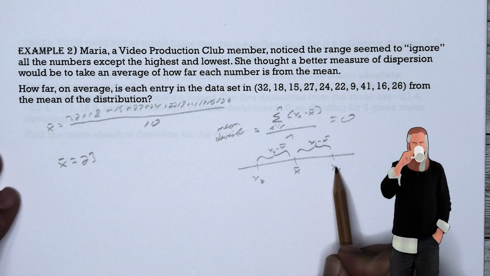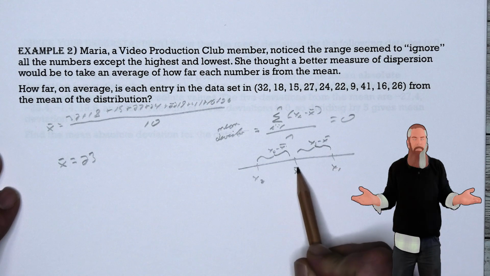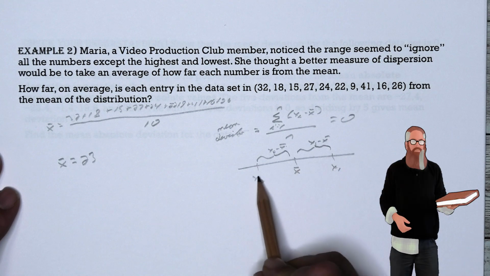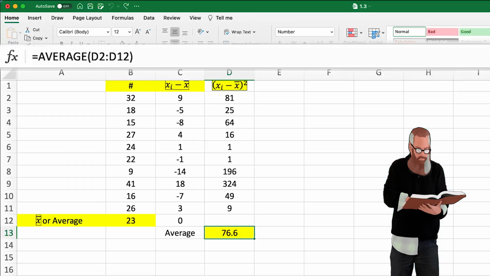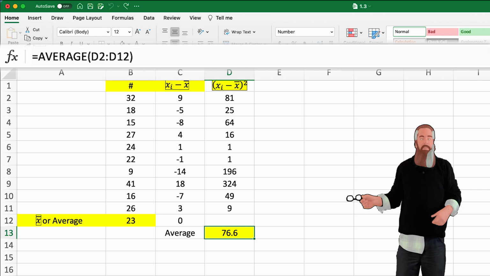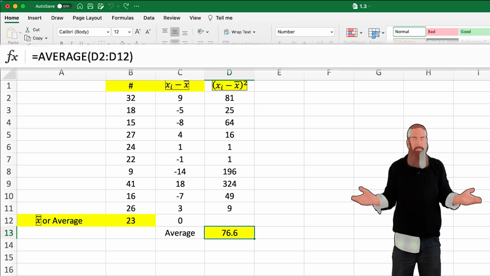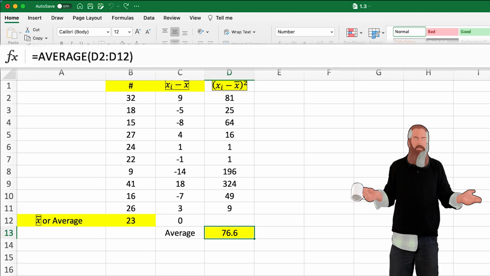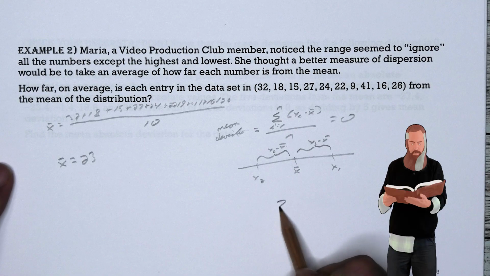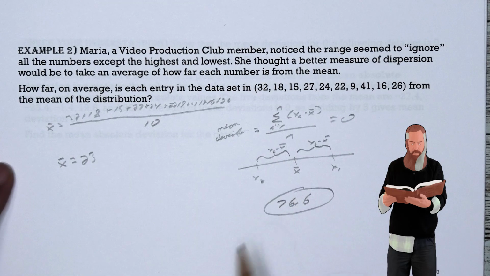It's saying how far is x sub 1 from x bar, and it should be an average same as x sub 2 was from x bar. So in D13, all I did was put equal average, open parenthesis, D2 colon D11, close parenthesis, and hit equals. We can see that what we get is 76.6.